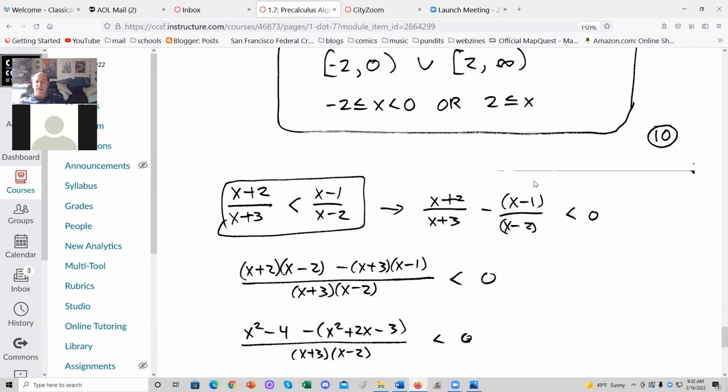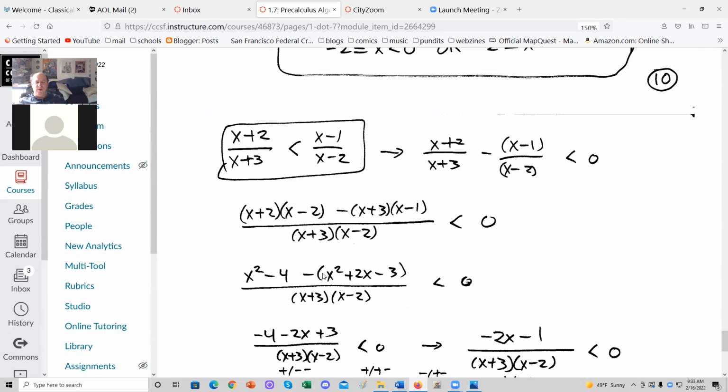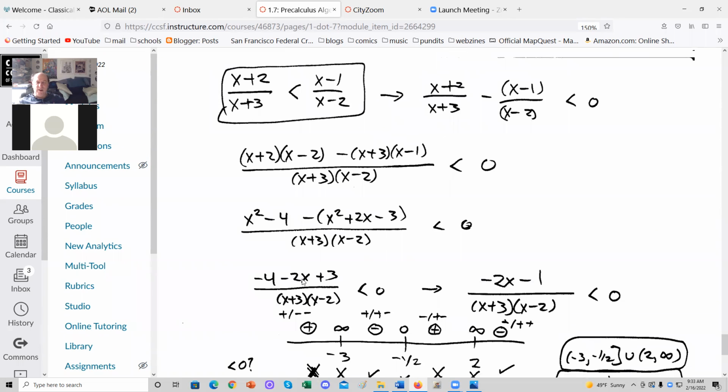So we subtract (x − 1)/(x − 2) from both sides, which transposes this to the left. Then we combine fractions and work through the algebra. Finally, we get this: (−2x − 1)/((x + 3)(x − 2)) is less than 0.